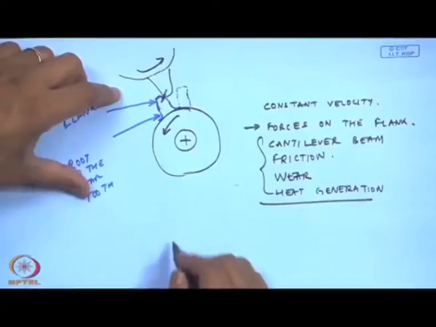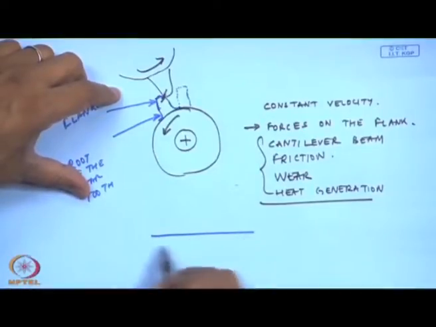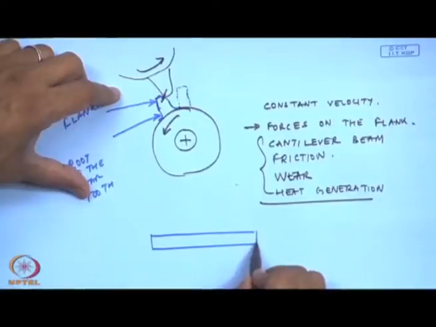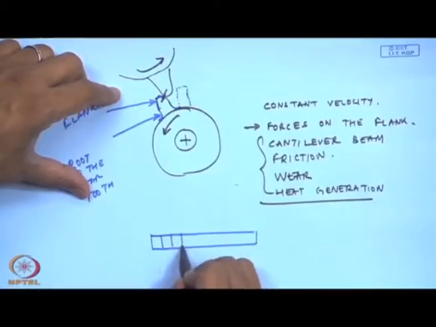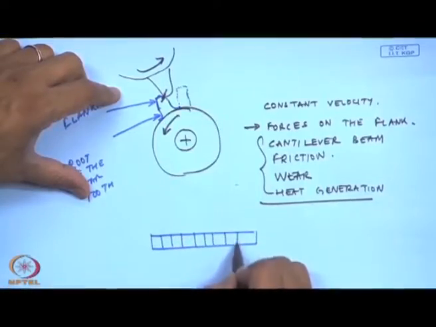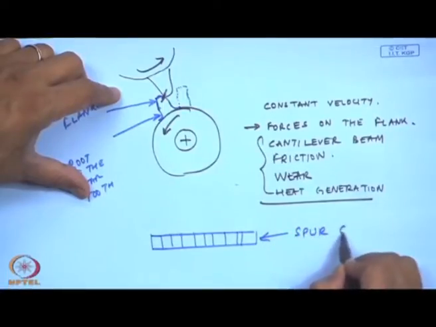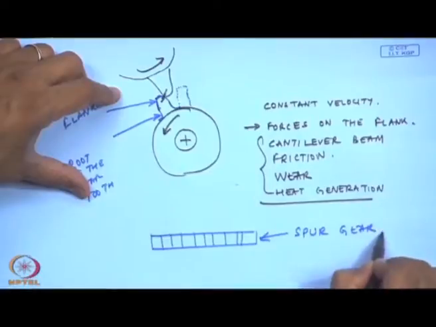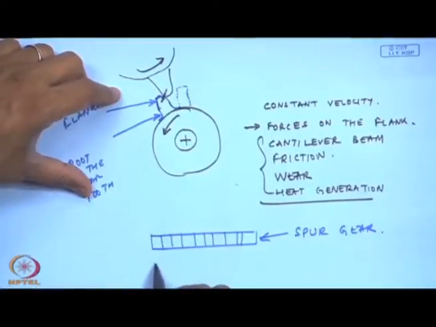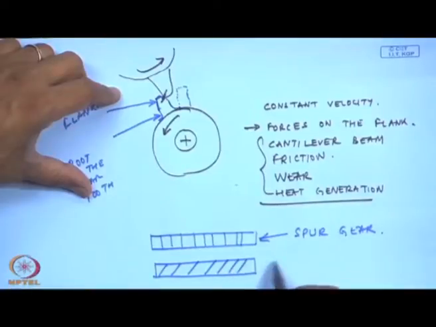Depending on the top view of a gear, these gears can be all straight, and these are usually known as spur gears, or they could be at an angle, and these are known as helical gears.